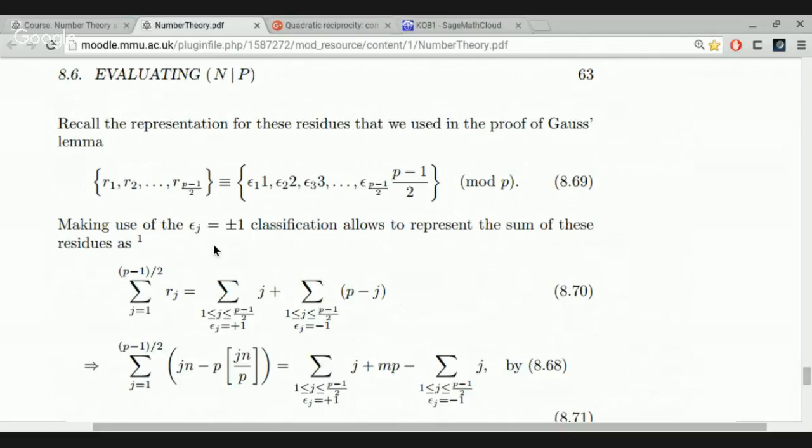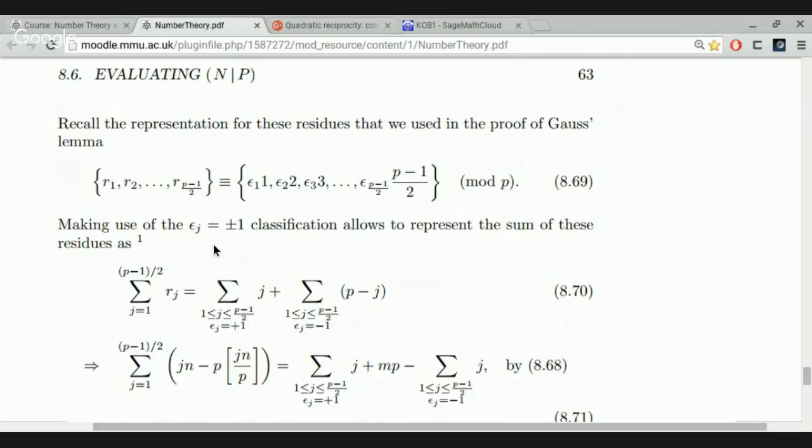These residues rj could either come from the first half of residues or the second half of residues. If they came from the second half, we flipped them back and represented them by the negative of something in the first half. So we introduced these plus and minus signs, epsilon j. So we have that the elements of this set are congruent to the elements of this set, modulo p.